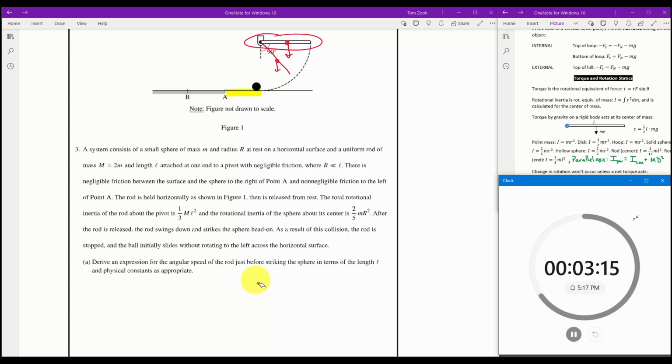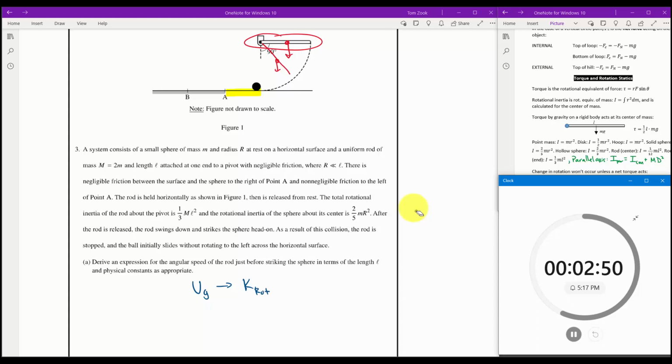And so whenever we have something that's moving from a big height to a smaller height and it's changing angles and stuff like that, conservation of energy is the way to go. The catch here is that the conservation of energy we're going to have to use is the gravitational potential energy of the stick turning into rotational kinetic energy. So gravitational potential energy turns into K rotational.